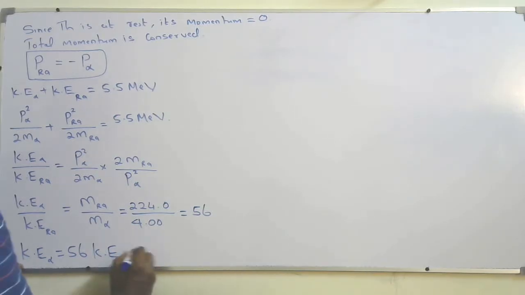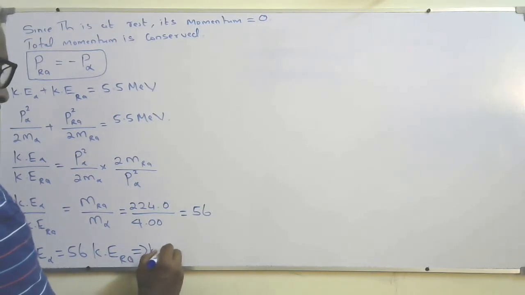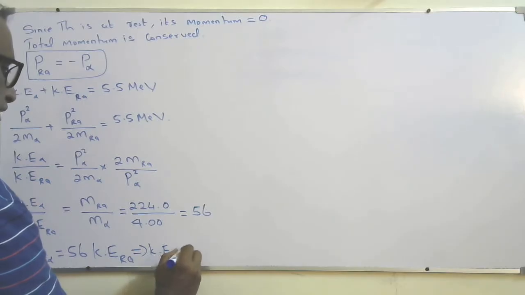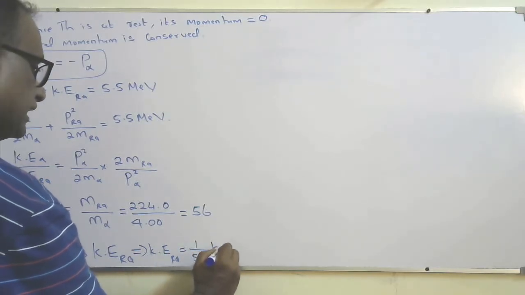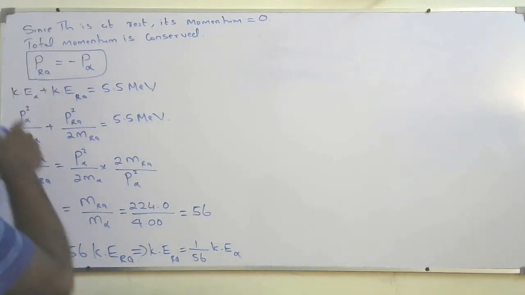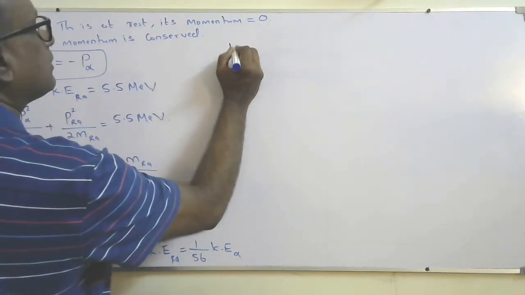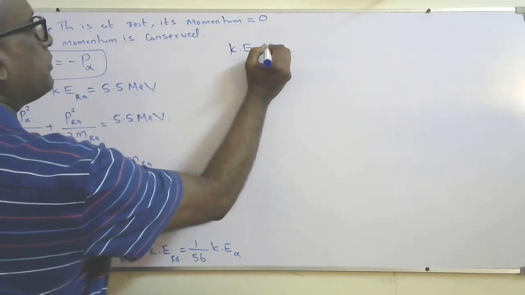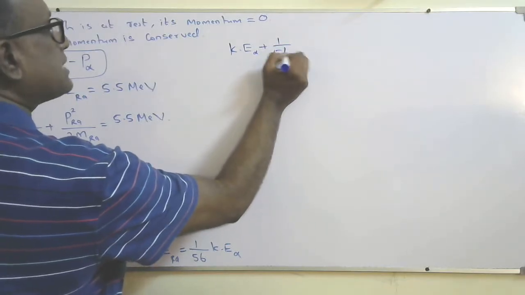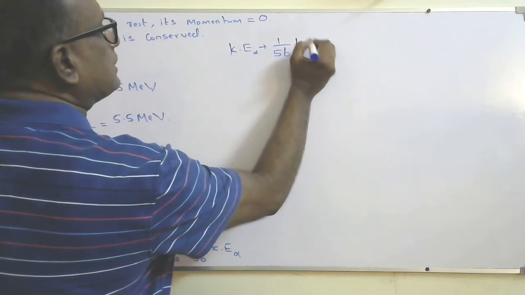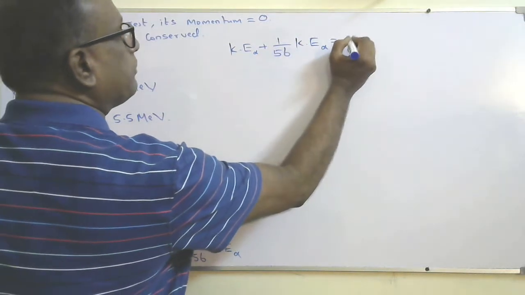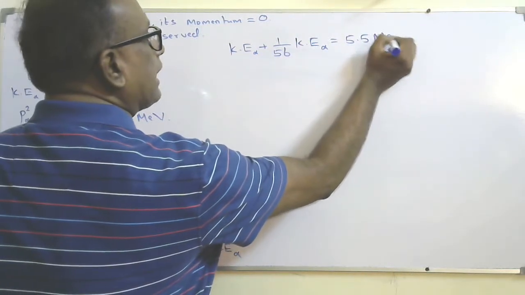From this I can say the kinetic energy of radium is equal to 1 over 56 of the kinetic energy of alpha. Using this, the kinetic energy of alpha plus 1 over 56 times the kinetic energy of alpha will be 5.5 mega electron volt.